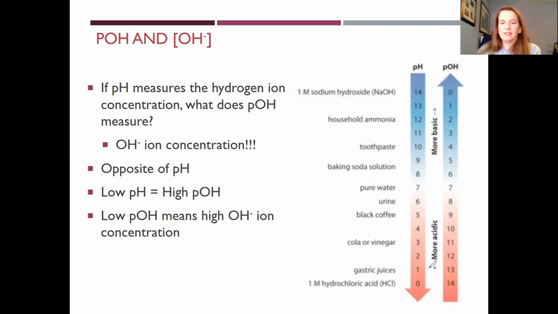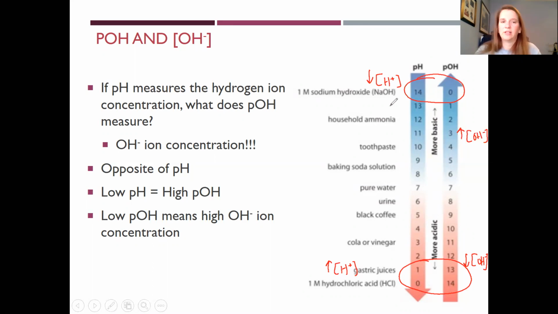Your acids that have low pHs are going to have high pOHs because they have a high hydrogen ion concentration but a low hydroxide ion concentration. And your bases up here that have low hydrogen ions have high hydroxide ions. So you can see that relationship between the pH scale and the pOH scale.